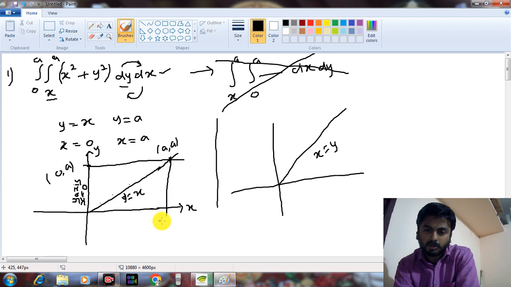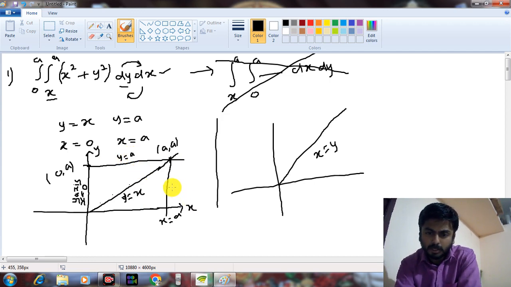This line is y equal to a. This line is x equal to a.